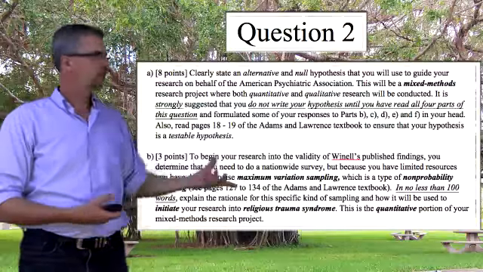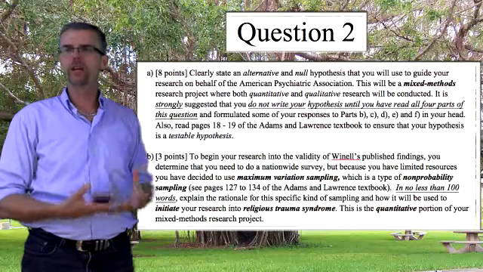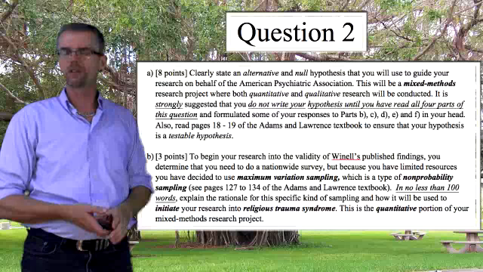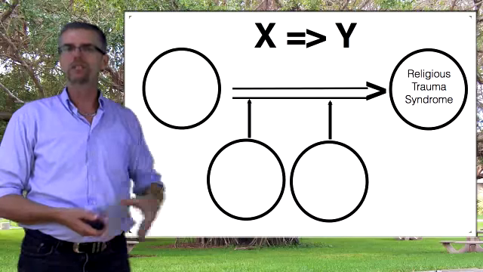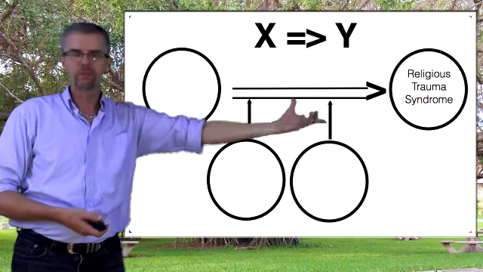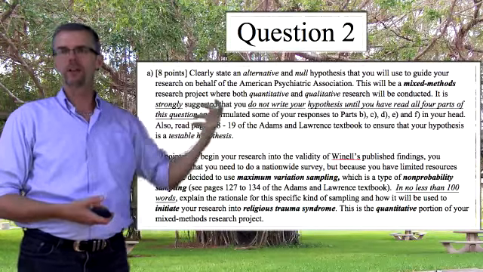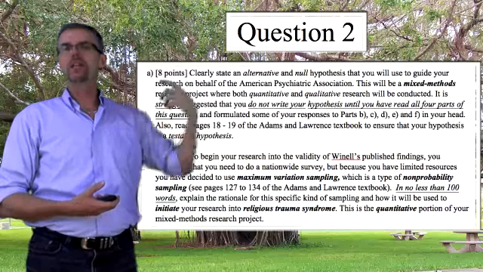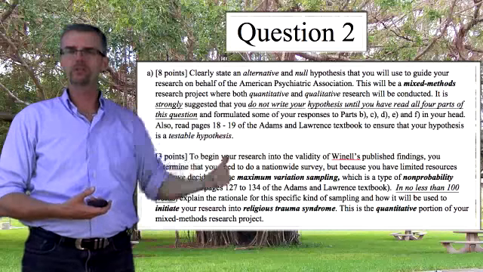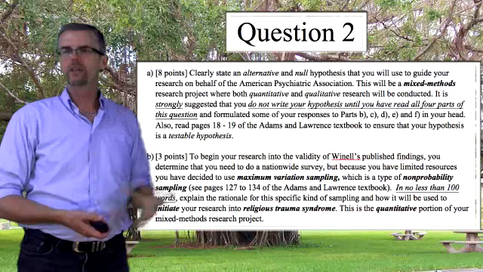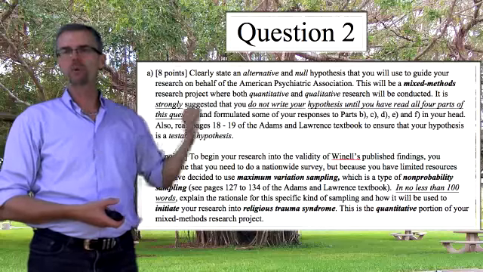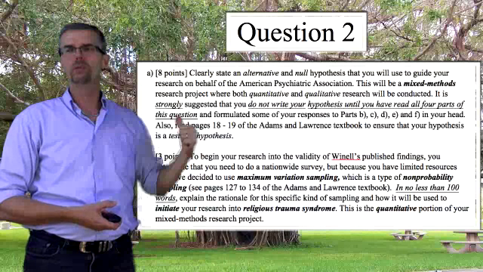But what you're asked to do, it asks you in Part A to clearly state an alternative and a null hypothesis. Once again, I've given you that dependent variable, independent variable, intervening variable model. So think in terms of that model and state an alternative hypothesis, and then you have to state your null hypothesis. This will be a mixed methods research project where both quantitative and qualitative research will be conducted.